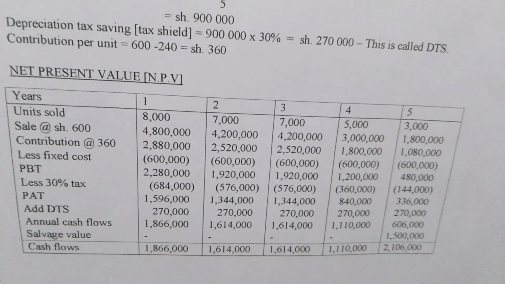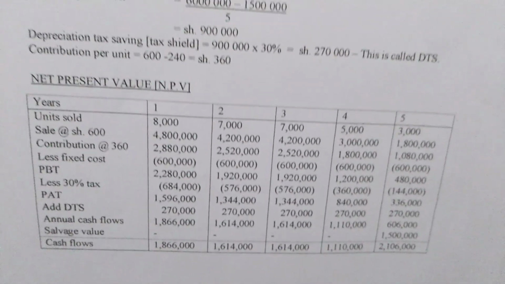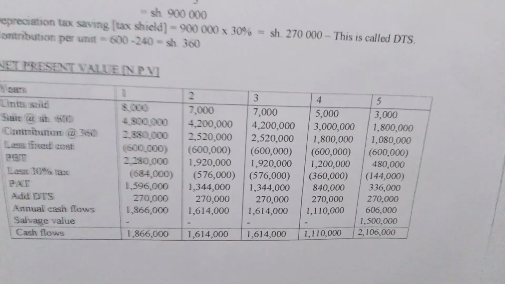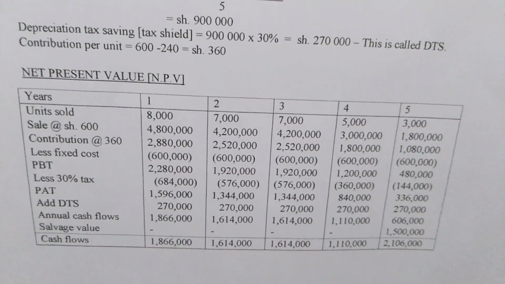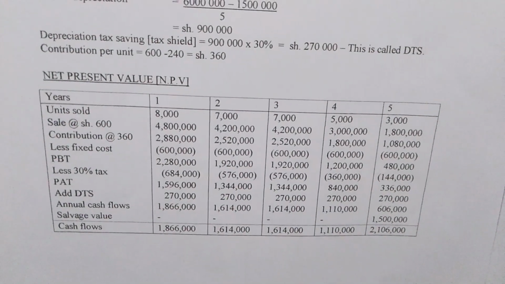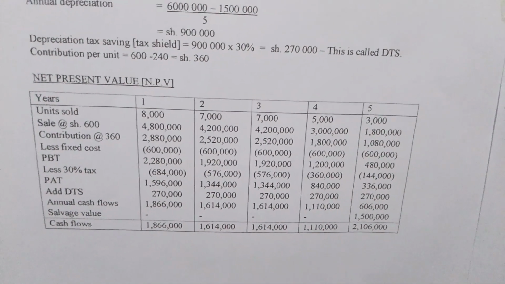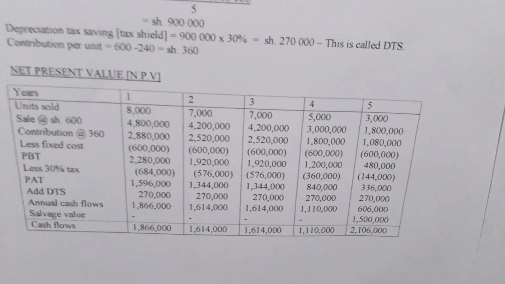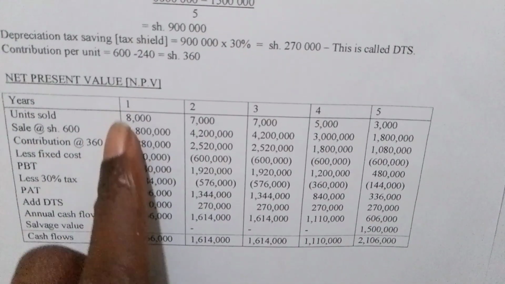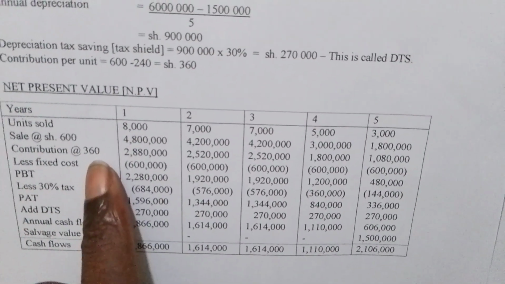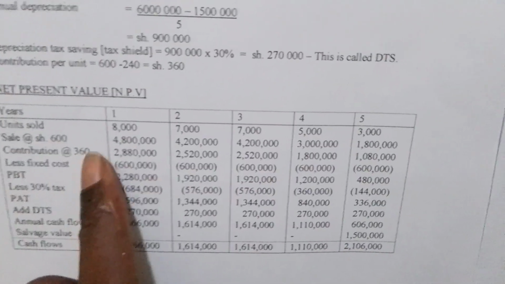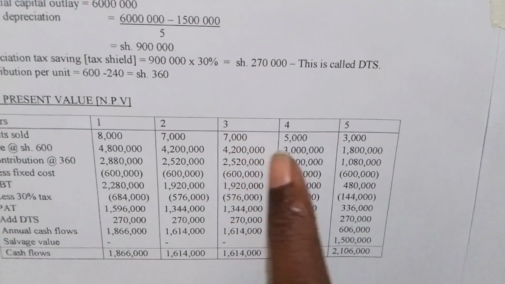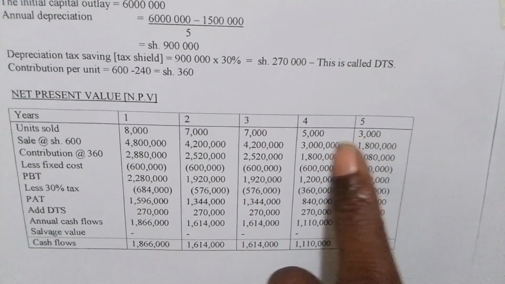We say that contribution means selling price per unit minus the variable cost per unit, and we got 360. Out of that, we can get the total contribution by multiplying the contribution per unit times the total units that we expected, because 360 is the contribution per each unit, and we are having 8,000 units, 7,000, 7,000, 5,000, and 3,000.